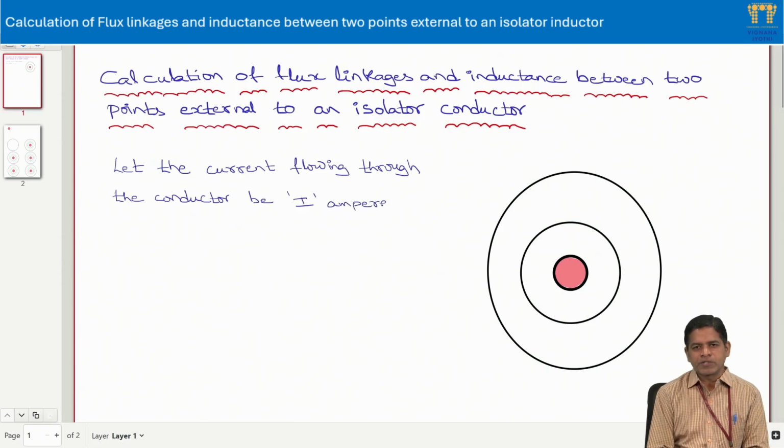Here capital I represents the phasor current since we are dealing with an AC line.